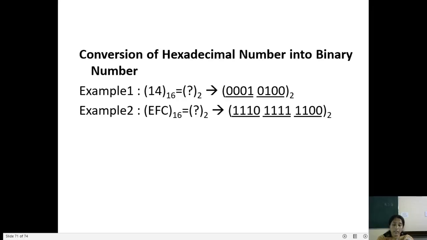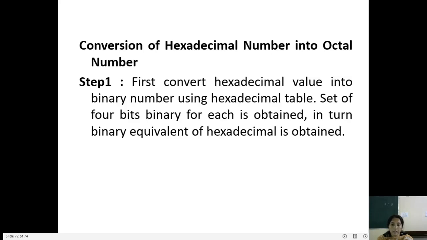We just use a table which we want to observe, that is 0, 0, 0, 1, 0, 0, 0, like this. These are the 4-bit numbers. For 1 it is 0001, and for 4 it is 0100. For E, which is 14, it is 1110, and for 15 all digits are 1. For C it is 1100. Like this they will represent.